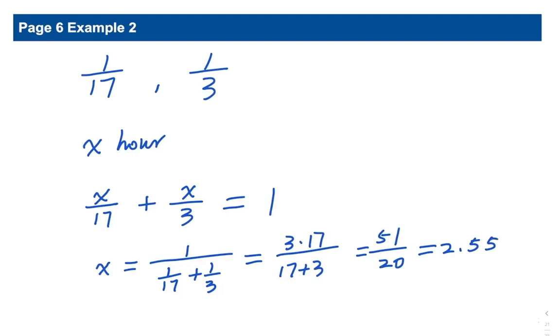And 2.55 hours is how many minutes? We need to convert it to minutes, right? 2.55 multiplied by 60 equals 153 minutes.